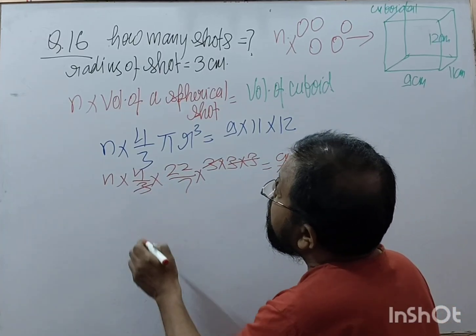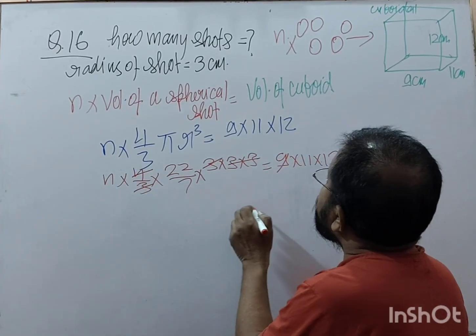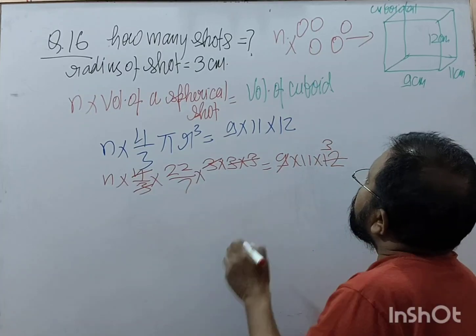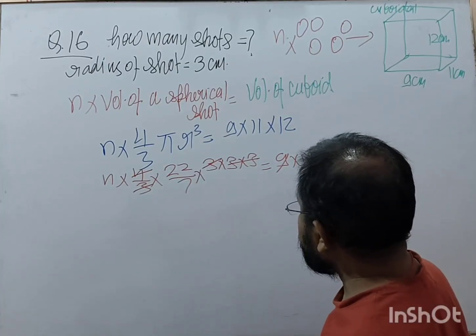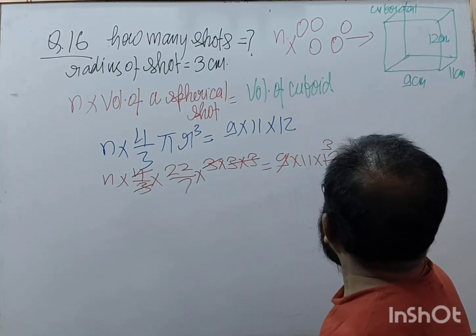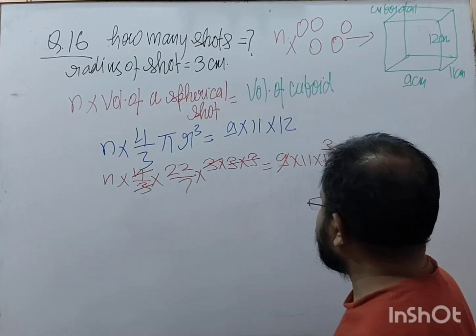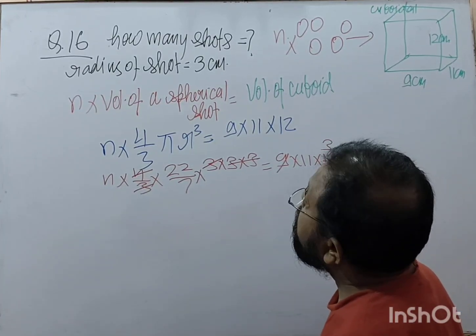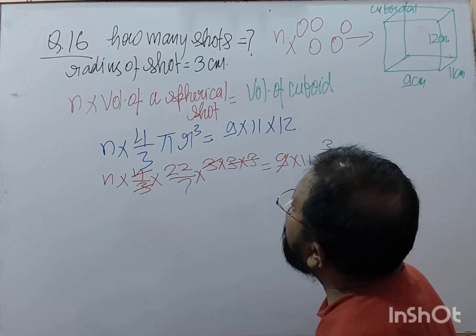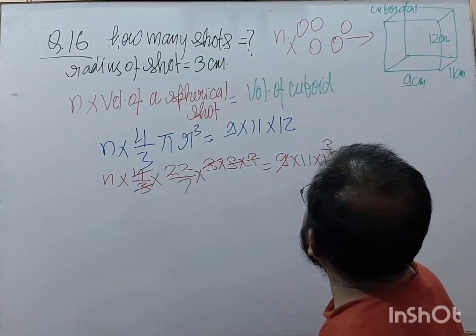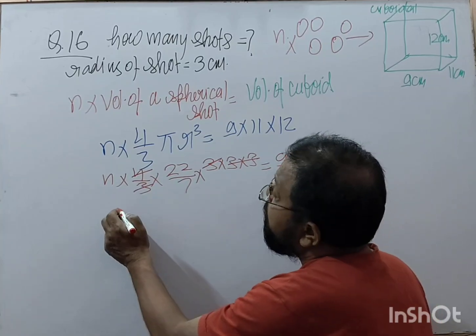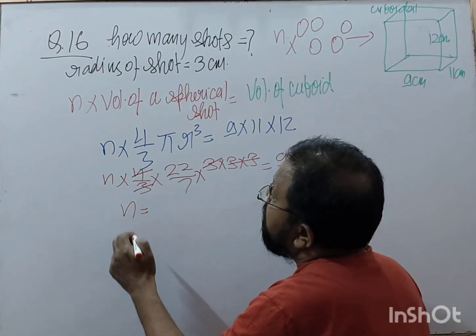This is gone. 4 times 3 there is 3. Now, how many are you saying? 84.